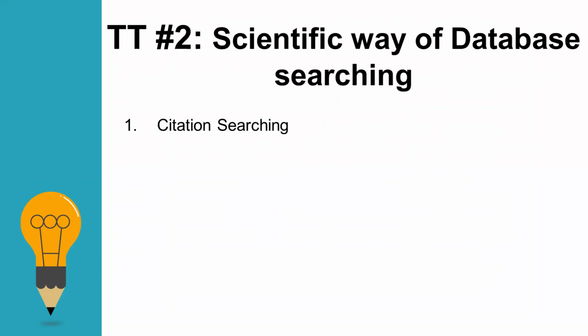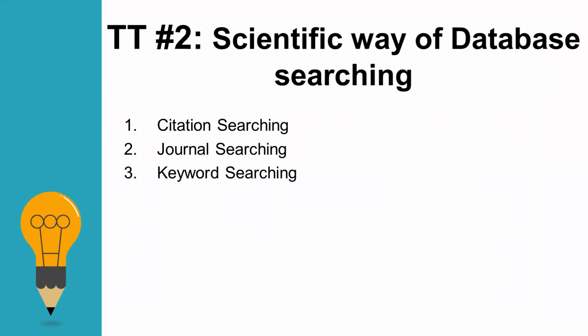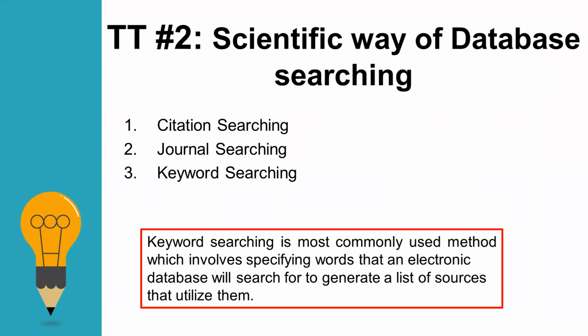First being citation searching, second, journal searching, and third is keyword searching. The third, keyword searching, is the most commonly used method, which involves specifying words that an electronic database will search for to generate a list of sources that utilize them. So it depends which database you are searching. It may catch all the data which has those keywords.